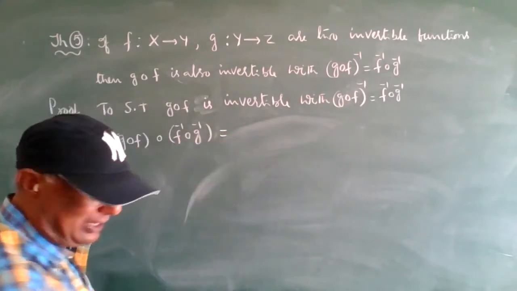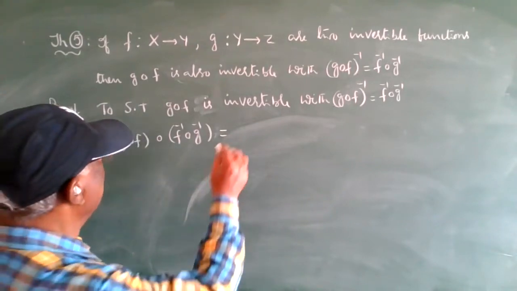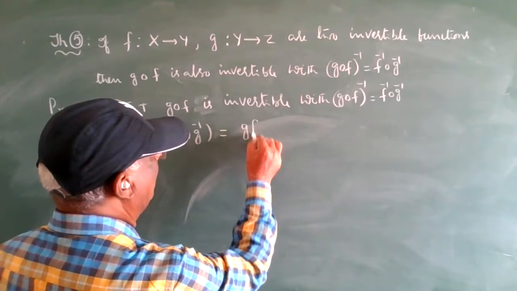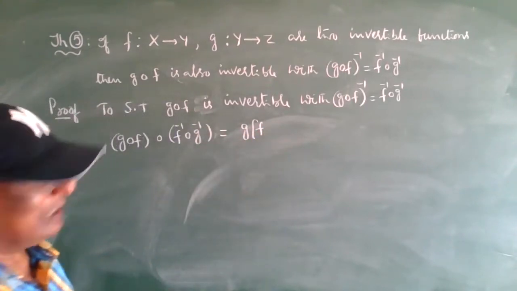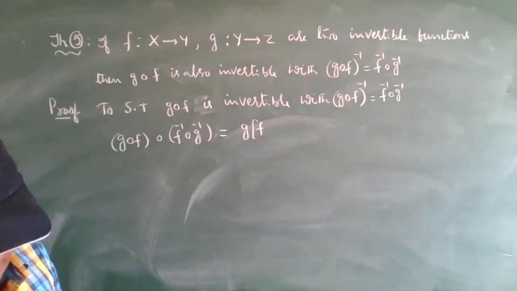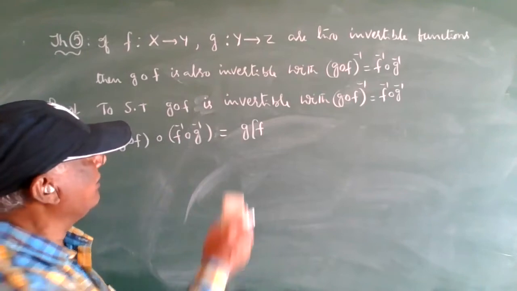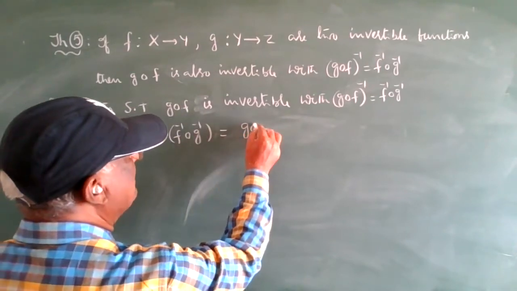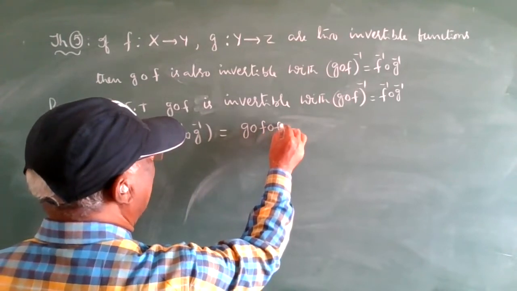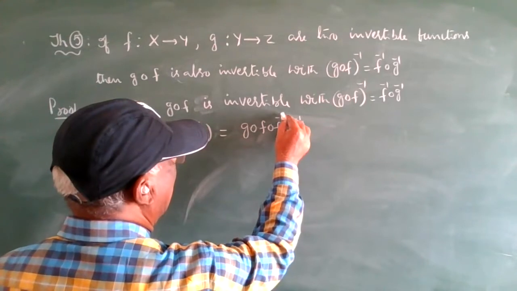No need for the X element. I am going to write G circle F very clearly. By the associative law, G circle F circle F inverse circle G inverse, we can write.